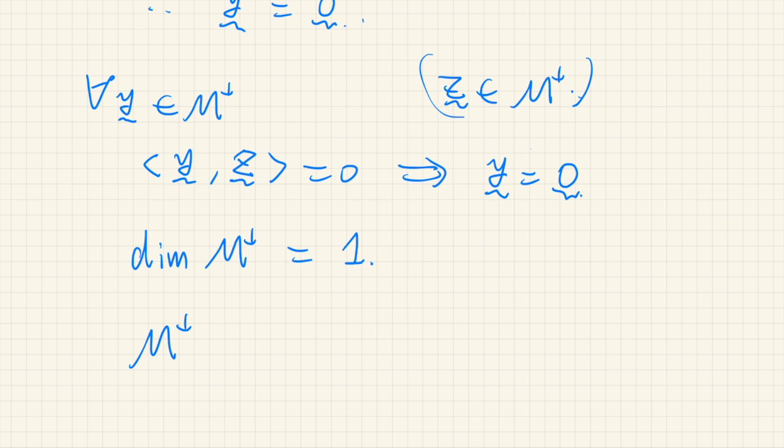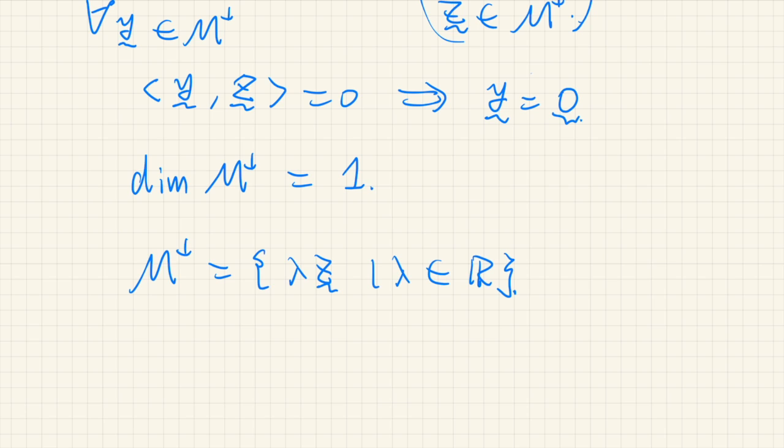So, we can define M complement as lambda times Z, where lambda is any real number. Now, for convenience, let us redefine Z by normalizing it. Okay, so this means now we have a unit vector Z.